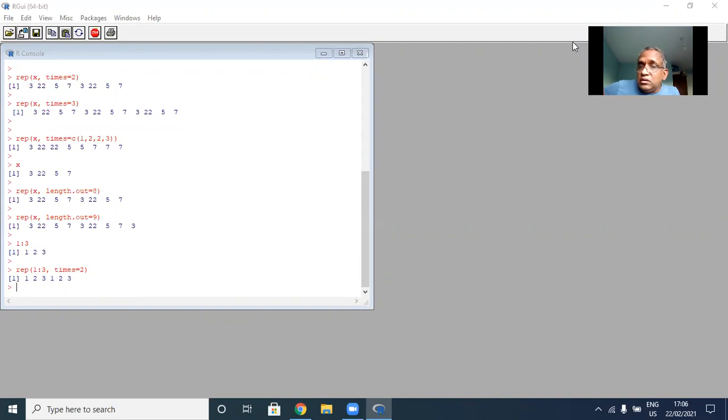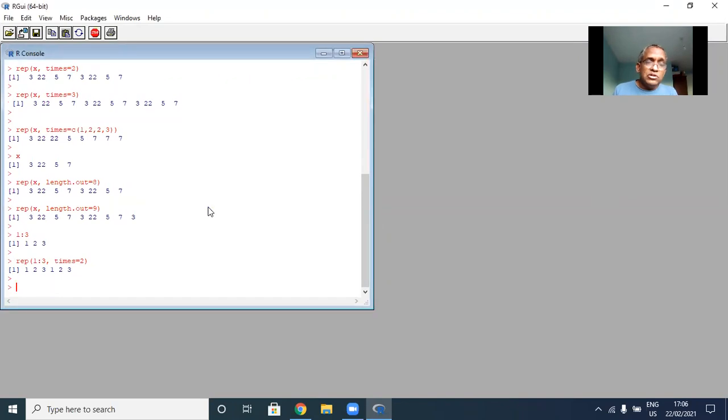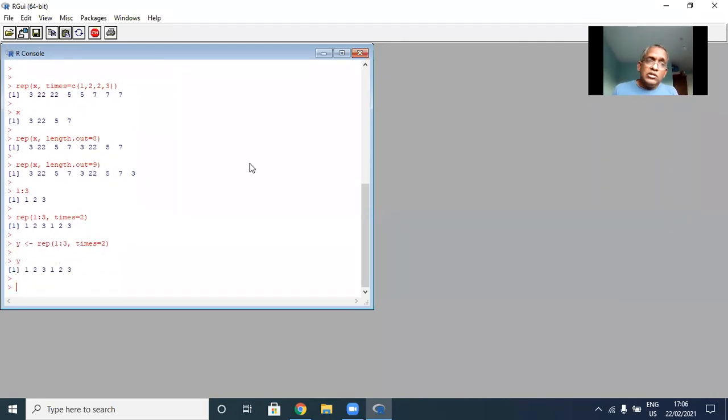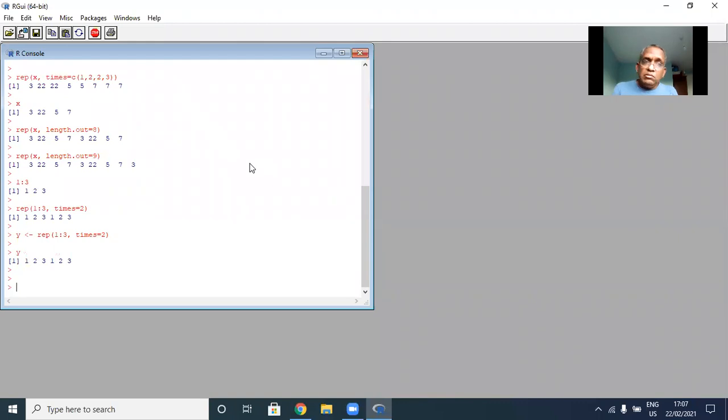If you want to save it, Mario, then you need to give it a name. Suppose you want to save this, you may call it, say, y. Then y will contain the numbers 1, 2, 3, 1, 2, 3, so 1, 2, 3 repeated 2 times. You need to give a new name in order to save it.